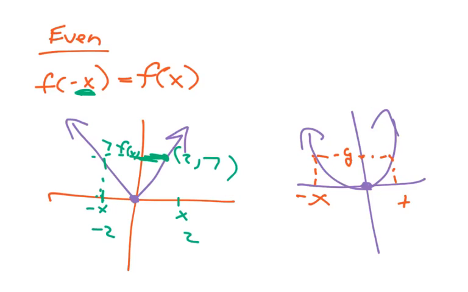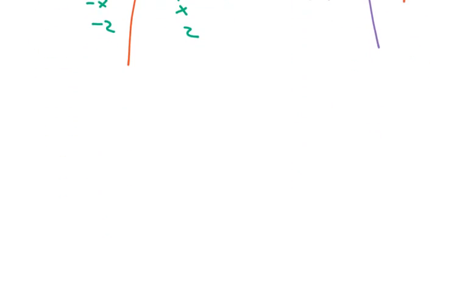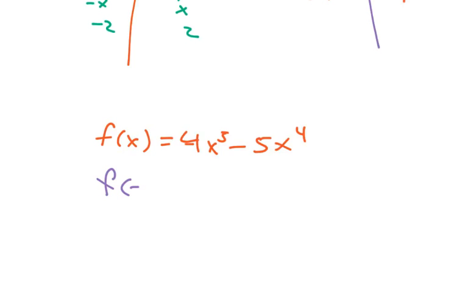So, if I give you a function like this one, which is f of x equals 4x to the 5th minus 5x to the 4th, what you're going to do is, if I plug in a negative x into all of these, that's 5th.